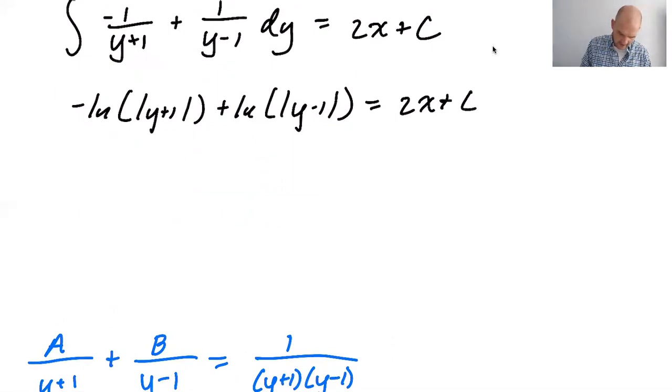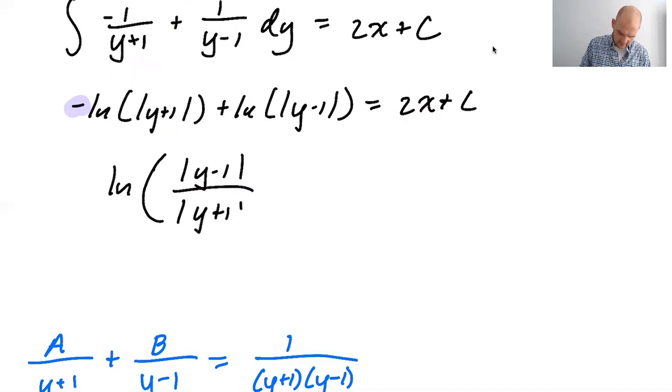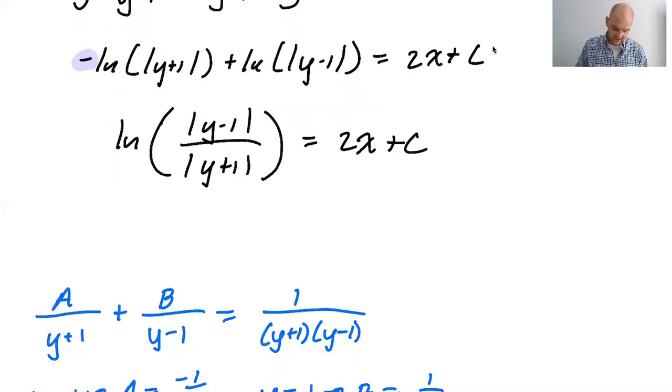This coefficient is going to become the exponent, so I'm going to have the natural log of the absolute value of y minus 1 over the absolute value of y plus 1 equals 2x plus c. I don't know what I'm going to do about these absolute values, but that's all right. I'm going to drop them here.